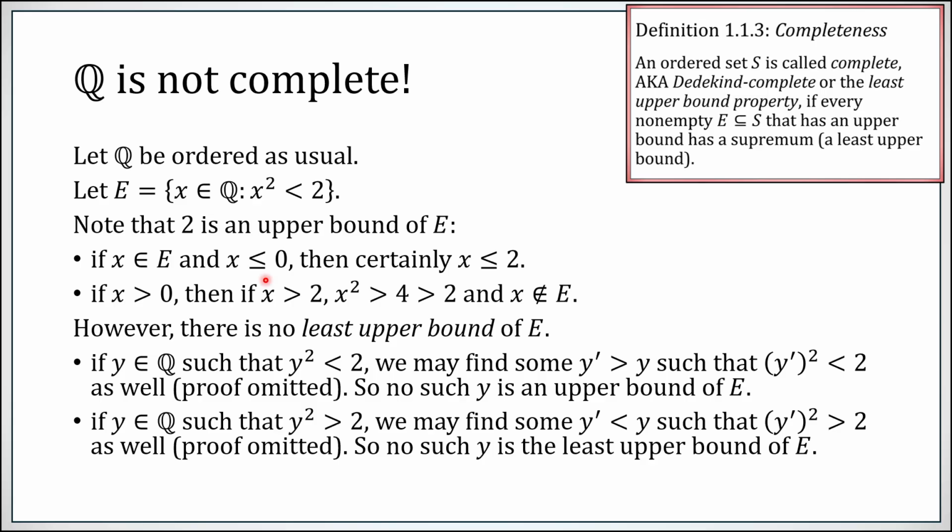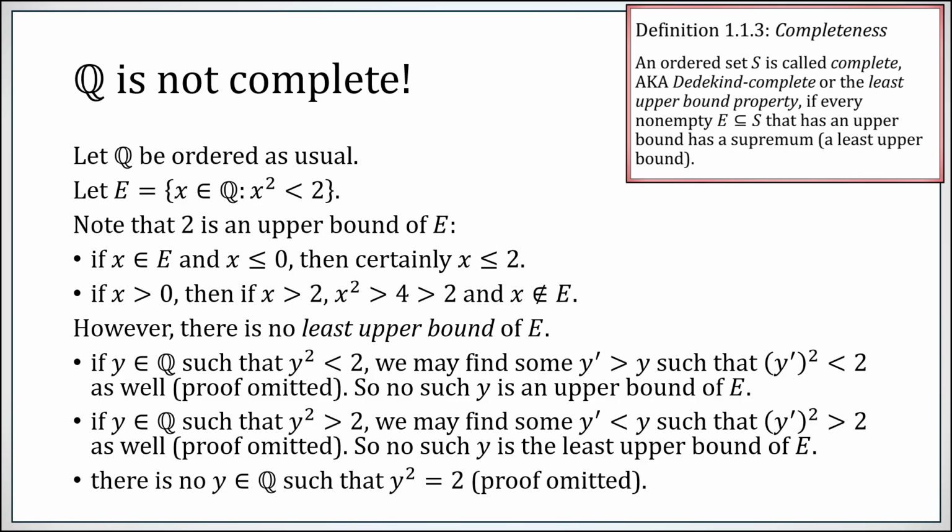So if something squares to less than 2, it's not an upper bound of E. But if something squares to be bigger than 2, it couldn't have been the smallest upper bound of E because something a little bit smaller would still have this property. So anything whose square is less than 2 cannot be the supremum because it's not even an upper bound. Anything whose square is bigger than 2 can't be the supremum because even if it were an upper bound, it wouldn't be the smallest one.